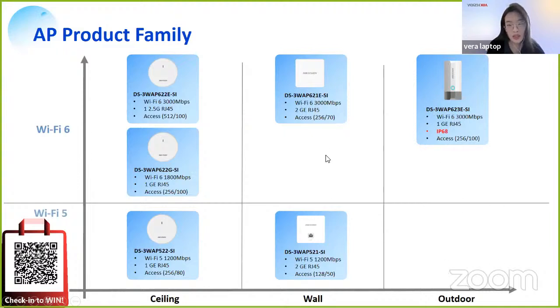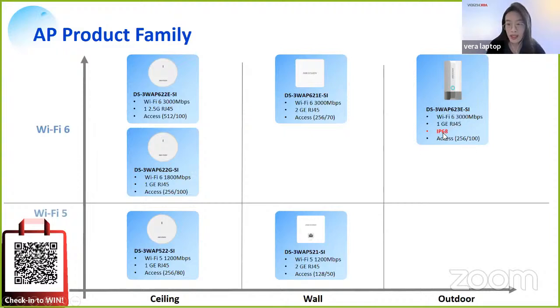The last digit mentions the different appearances: 1 means wall AP, 2 means ceiling AP, and the last one, 3, means outdoor AP. The middle number means dual band. We know this access point supports both 2.4 GHz and 5 GHz.